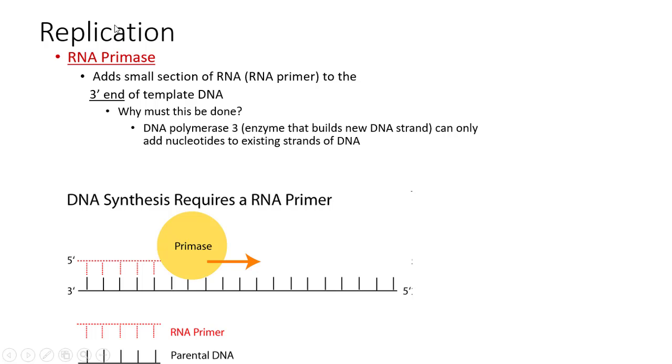So the elongation process is started by RNA primase. This RNA primase or RNA polymerase synthesizes a complementary strand of nearly 10 to 60 nucleotides to the parental strand.